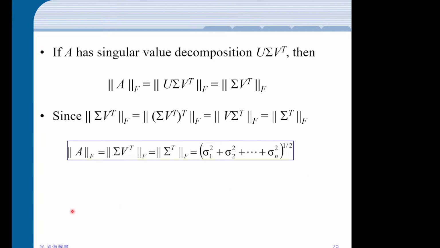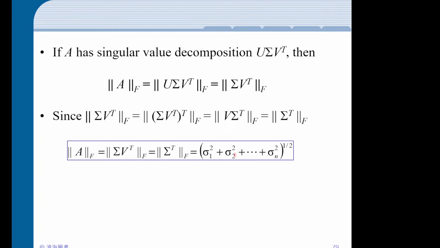So here you already see some theoretical application of the singular value decomposition. Just knowing the singular value decomposition, you know the Frobenius norm of A, since it's related to those singular values.